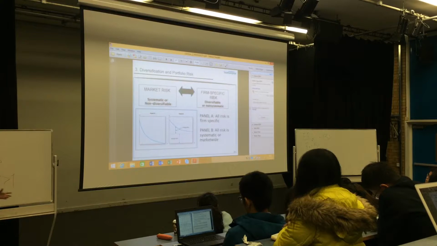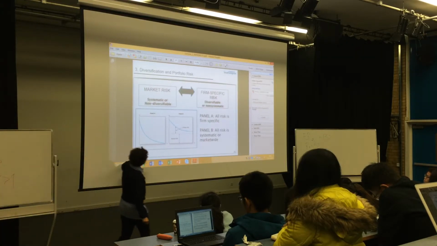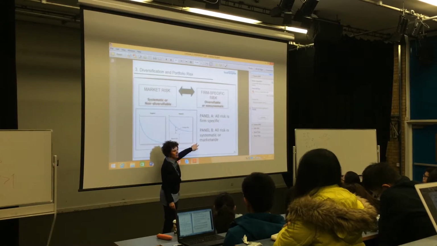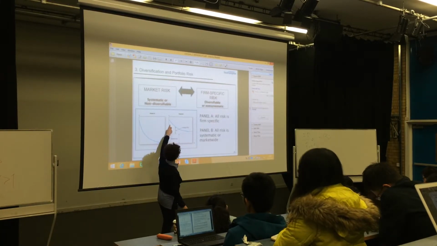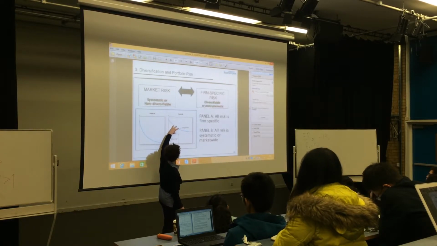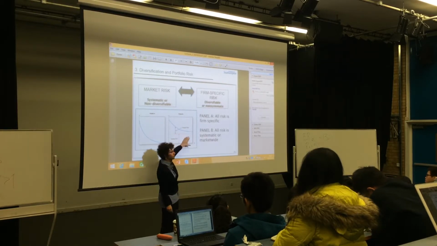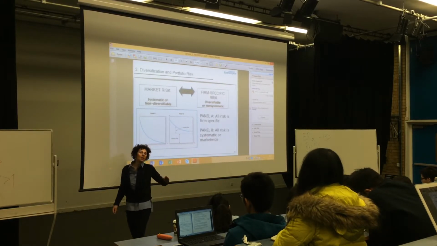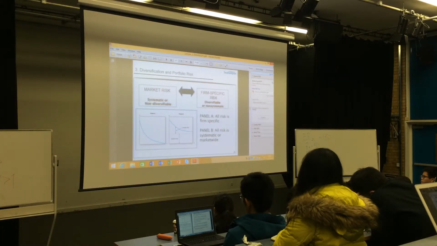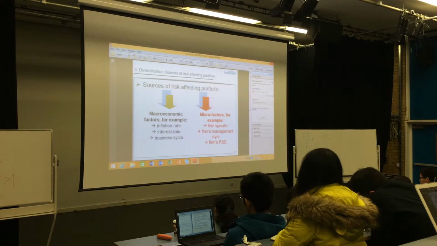The more I increase N, the number of stocks in my portfolio, the more the firm-specific risk is going to be reduced. What I cannot diversify is the market risk, a risk that is not specific to a single security but is common to all the securities that I hold in my portfolio.